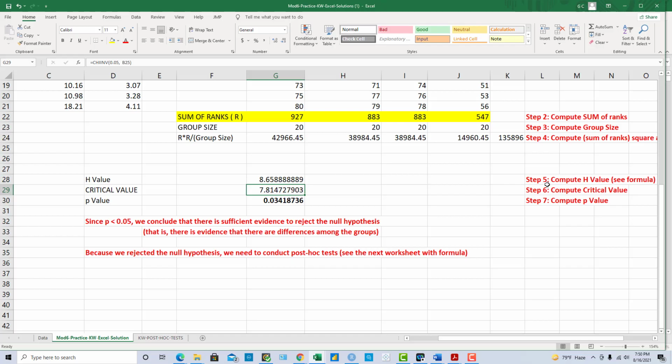Once you compute the H value, we are going to compute the critical value. The critical value is obtained by the chi-inverse function. Chi-inverse function takes the significance level as the first parameter. In this case, the significance level is 0.05, and it takes the degrees of freedom as the second parameter, and it computes for that significance level and for those degrees of freedom what should be the critical value.